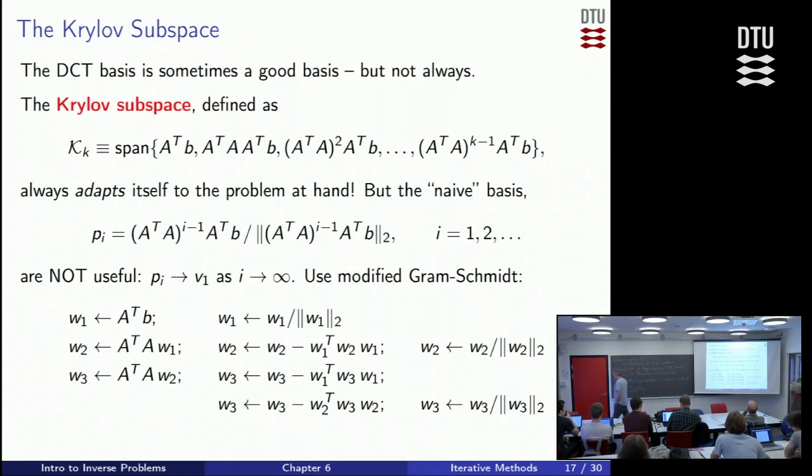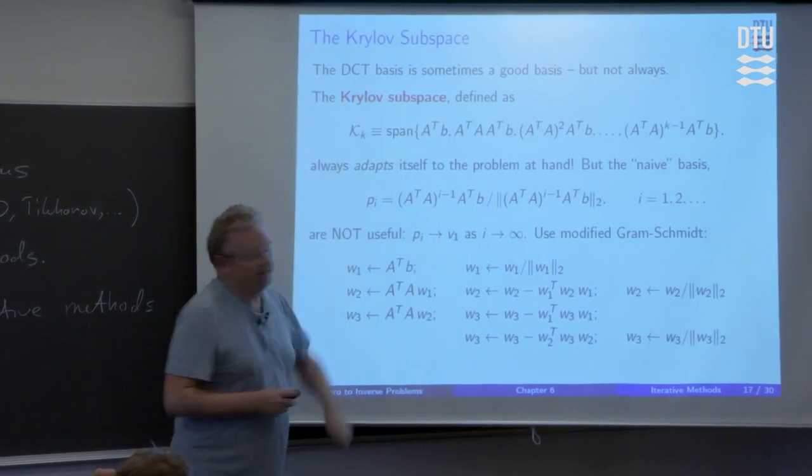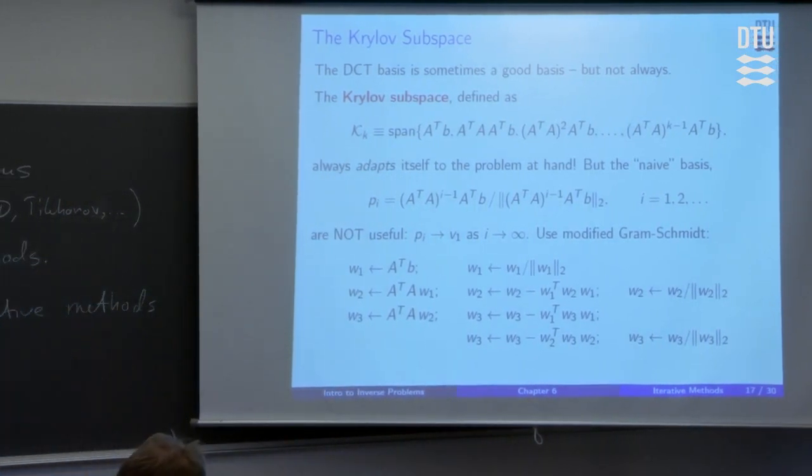Okay, and then you can plug that into the projection method that I talked about already. This is the scheme for computing the W vectors, and they correspond to this particular subspace up here, this Krylov subspace, that depends on both A and B, so it seems that maybe this is a good idea.